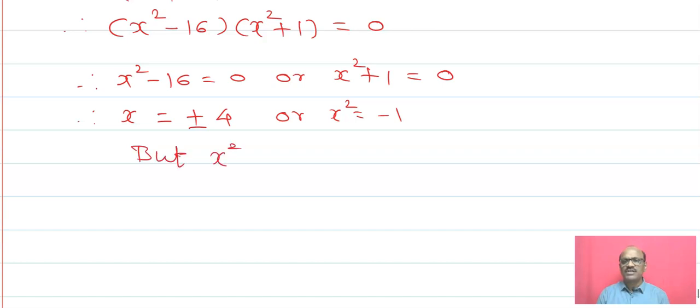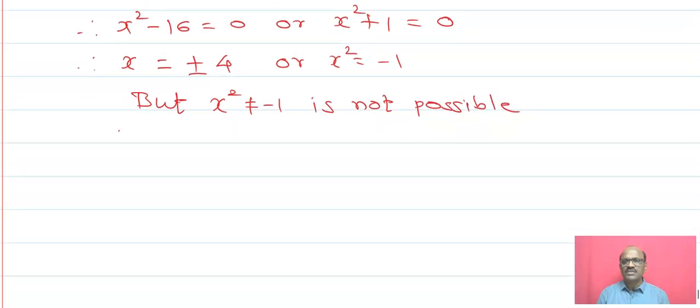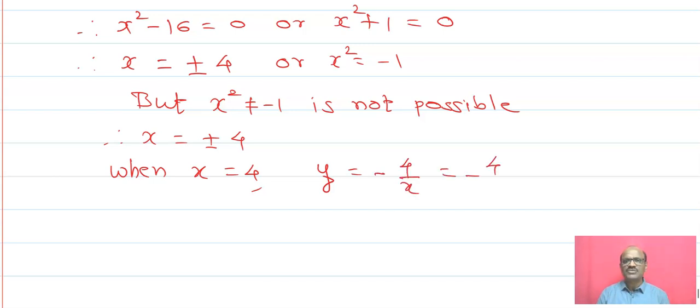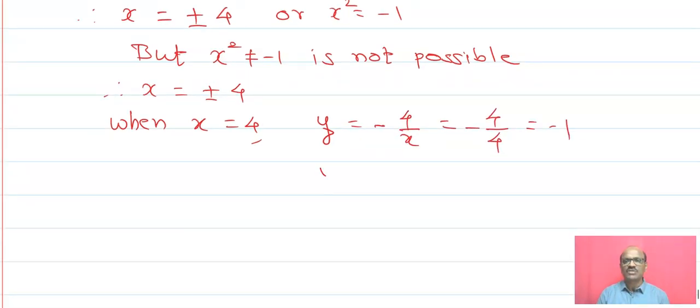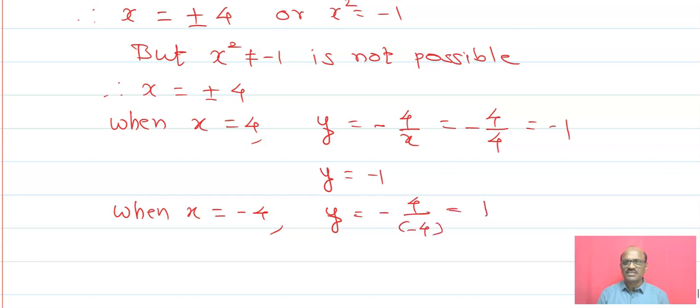The square of a real number is not negative, and hence x square is equal to minus 1 is not possible. Therefore x is equal to plus or minus 4. When x is equal to 4, then y is equal to minus 4 upon x. Substitute the value of x is equal to 4, then you will get minus 1. And x is equal to minus 4, you will get plus 1.